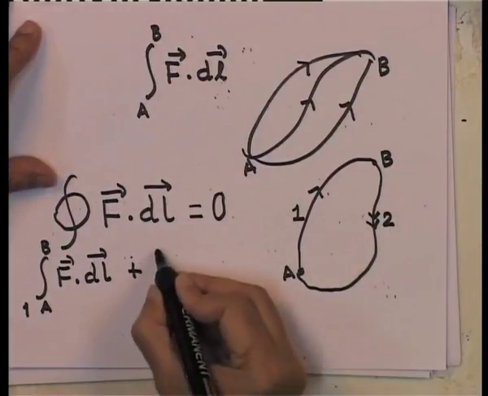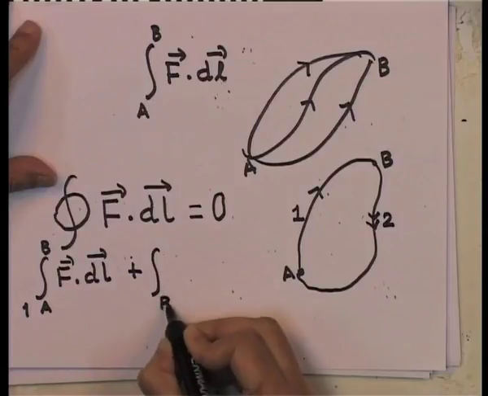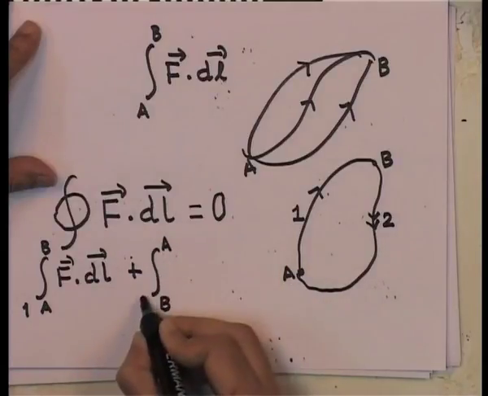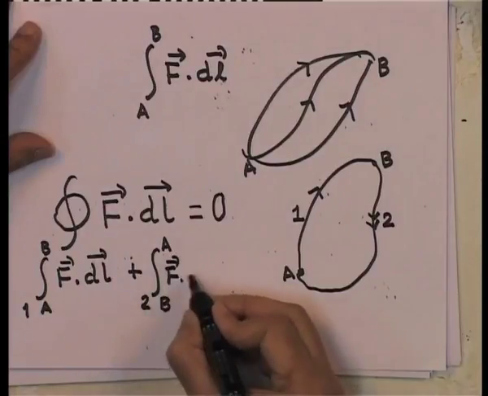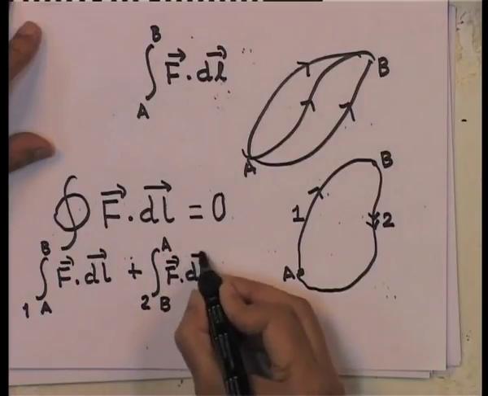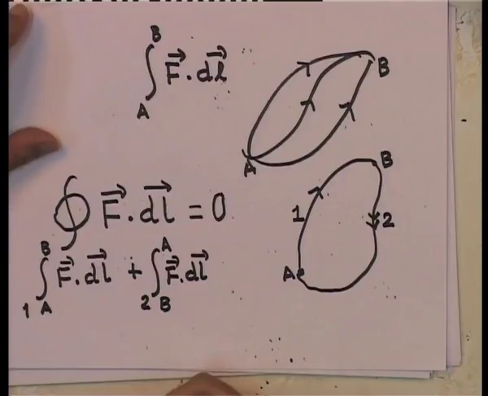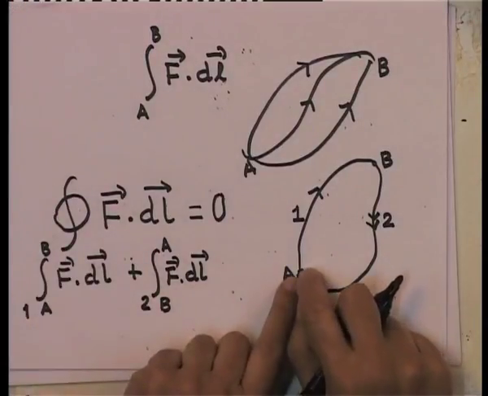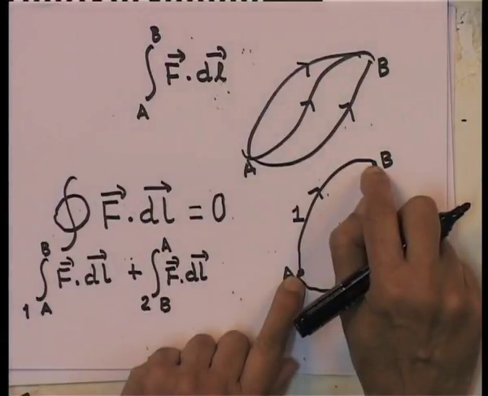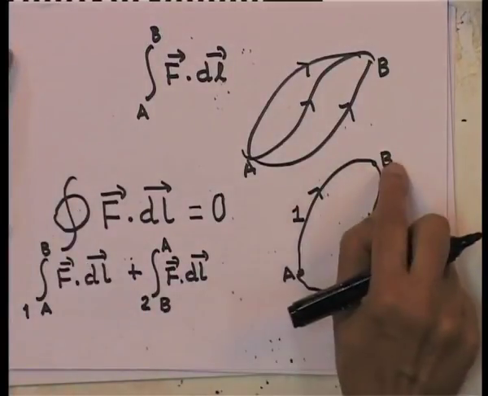So, we will say B to A by path 2. Now, what we have said is that this integral from A to B depends only on the endpoints.